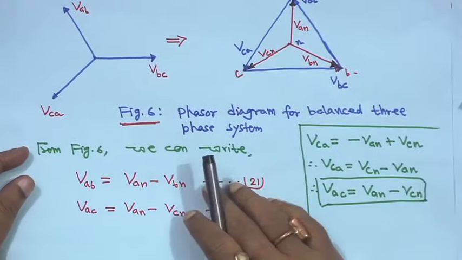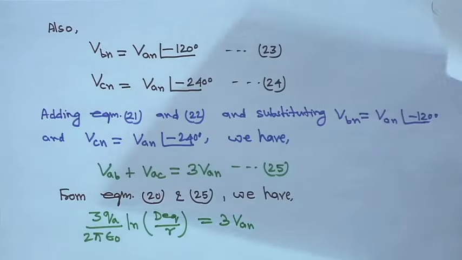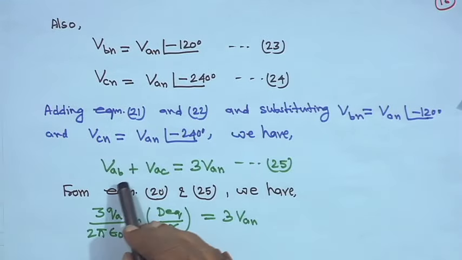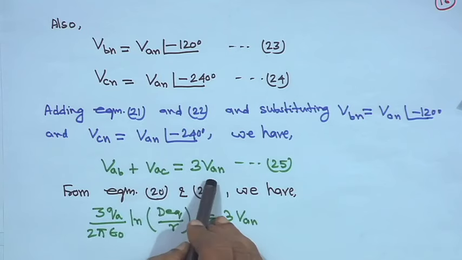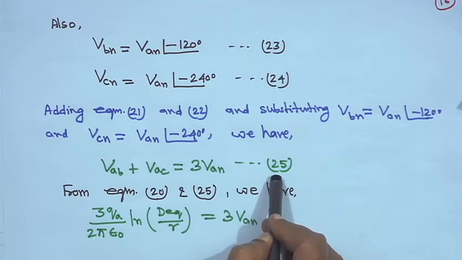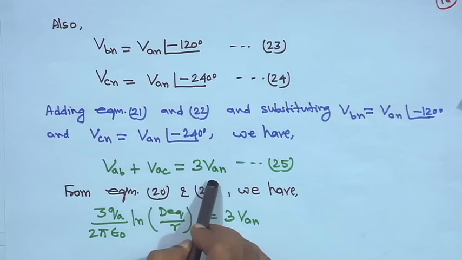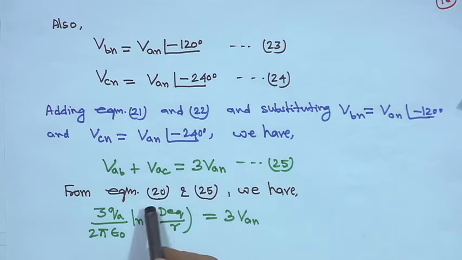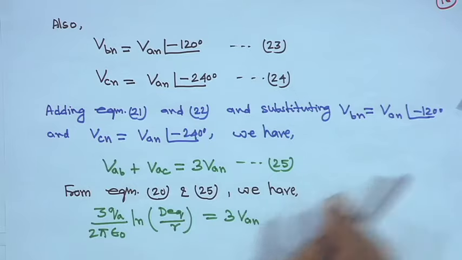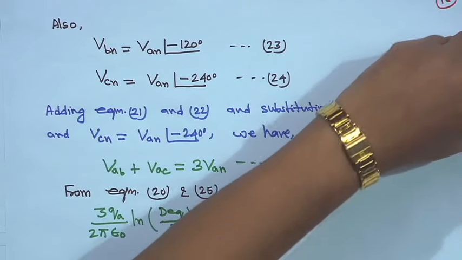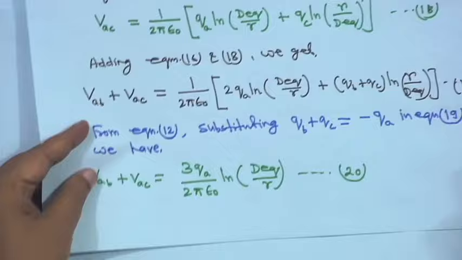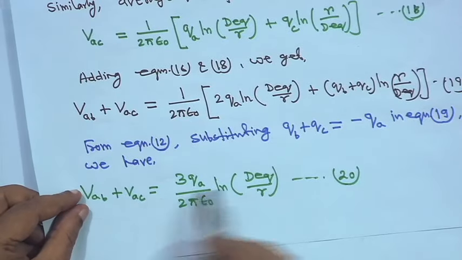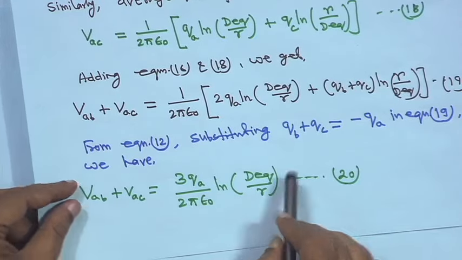Therefore, if you do so, VAB plus VAC is equal to 3 VAN, this is equation 25. This relationship you have to establish: VAB plus VAC is equal to 3 VAN. Now, from equation 20 and 25, this is equation 20 and this is 25, VAB plus VAC is equal to 3 VAN.